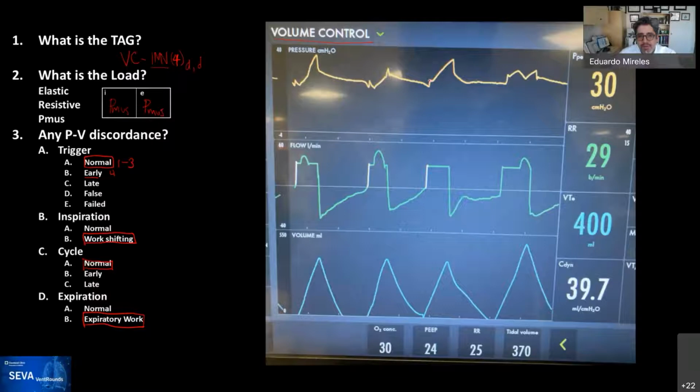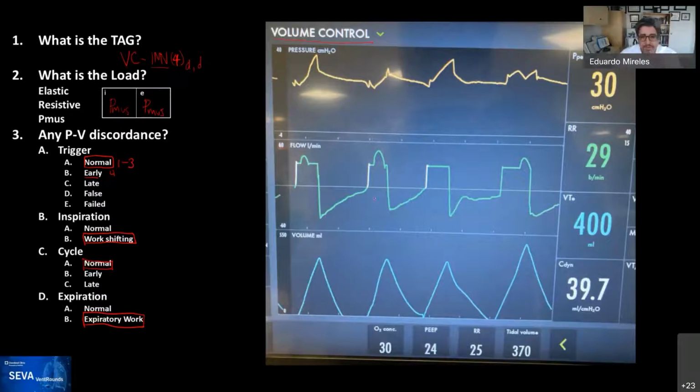It's actually pretty mild. So it tells me that the majority of the load, based on the slope, is most likely elastic. But you could argue with me as well, Eduardo, are you sure there's not a little bit of Pmus at the beginning? But just by the way that it's following, and I'll show you another one, this is most likely elastic load rather than resistive.